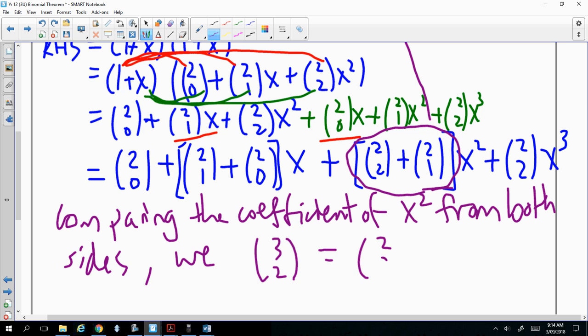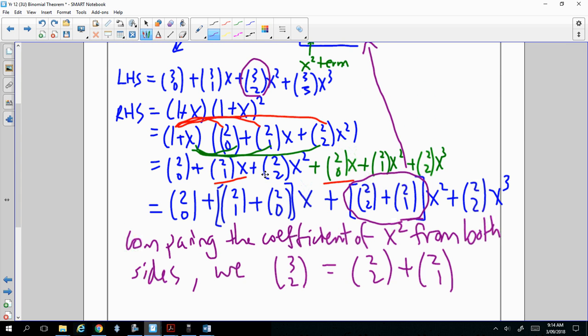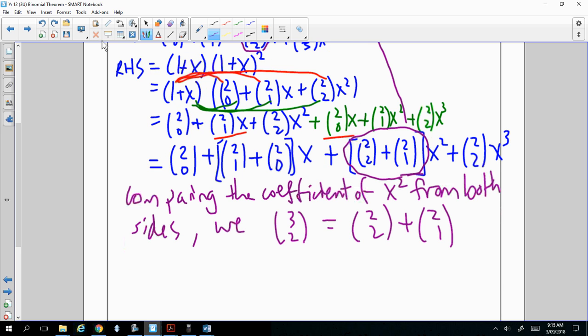As you can see, we did a lot of unnecessary work because we don't really need the other terms, isn't it? We just need the 3,2 term and the x squared term. So we can have a faster way. Faster method. You're allowed to use the faster method in tests, and you're encouraged to use the faster method. How does the faster method work?